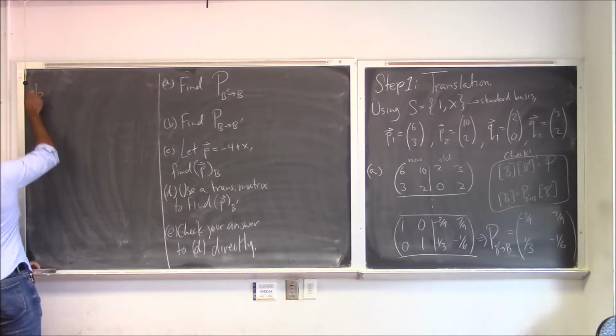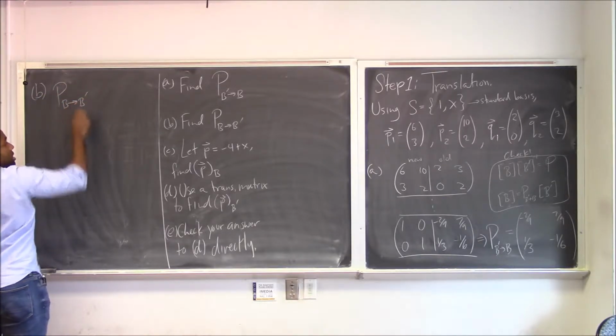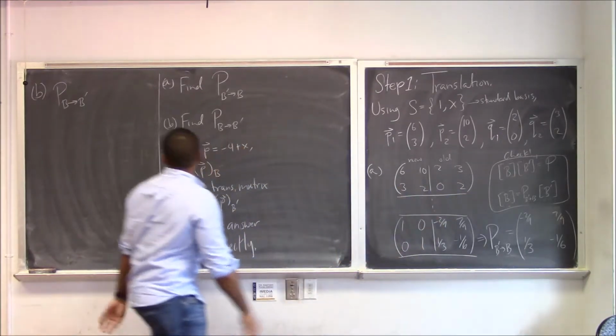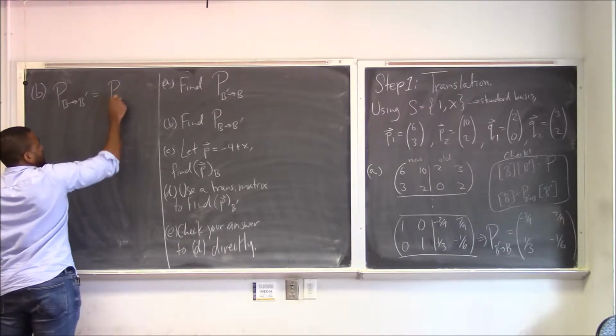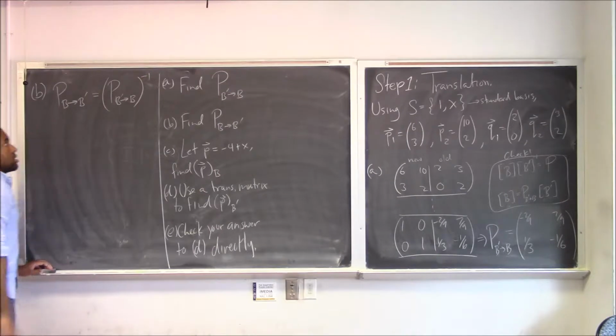Now, for B to B prime, we can do this again, except just swap these two. So we have options here, or I can just realize that this is P B prime to B and take the inverse of that.